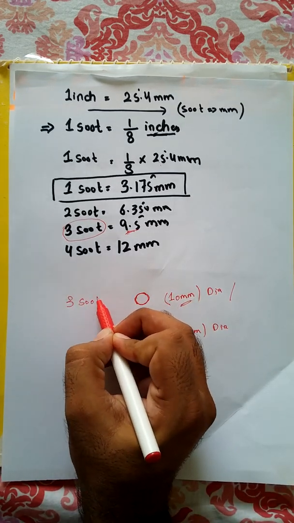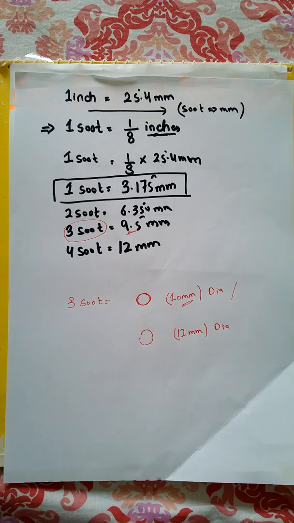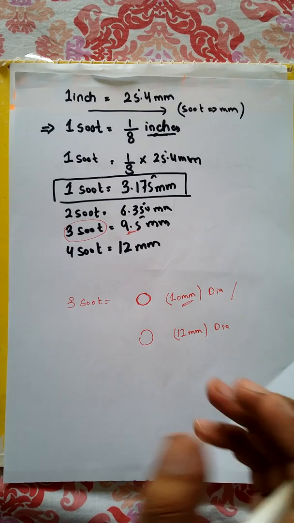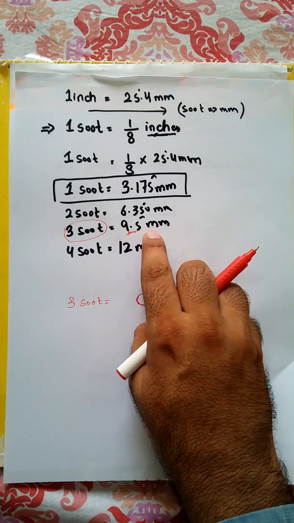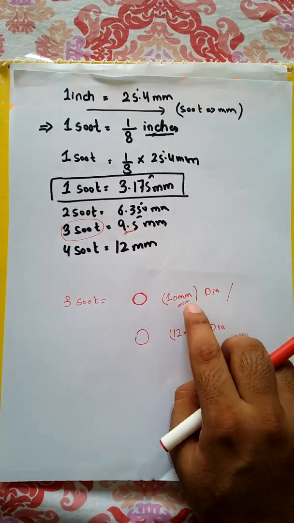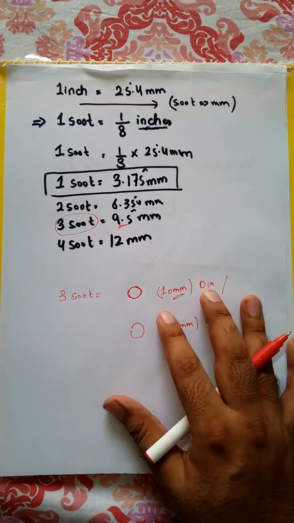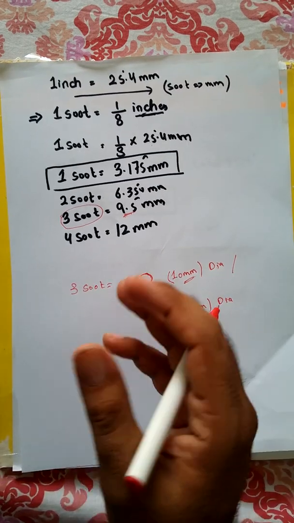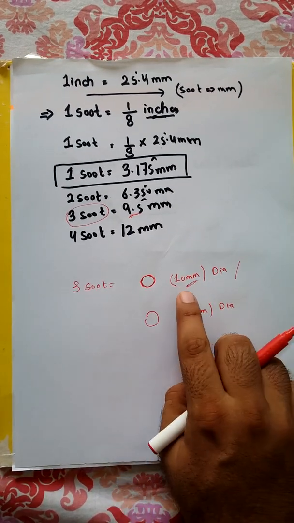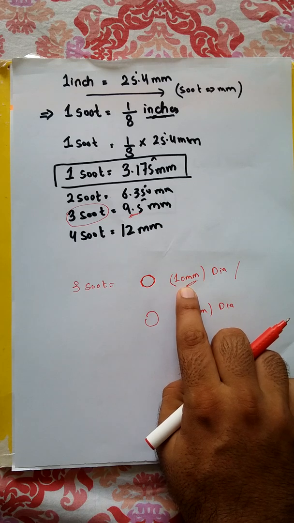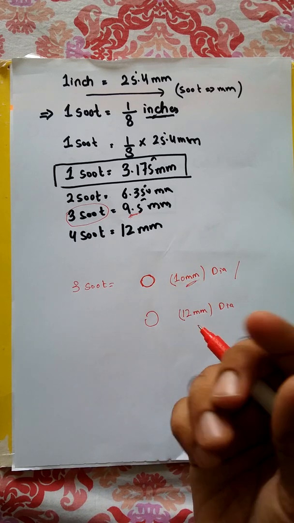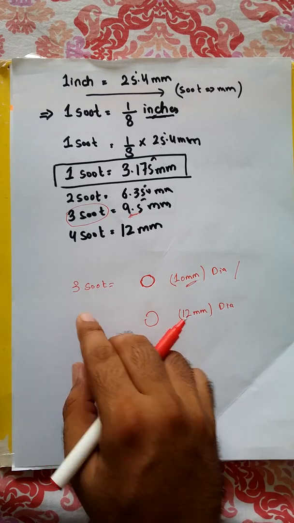We take a little bit of approximation here, because as you know, steel standards are fixed. You cannot get steel of 9.5 millimeter diameter. You always get 10, 12, 8. So we get a little bit of approximation here. So remember this, 10 mm diameter steel bar means 3 suth bar.